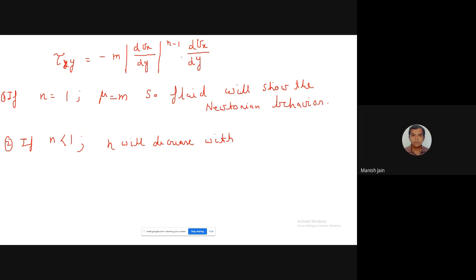If the power is negative, then eta will decrease with increasing dvx by dy, the shear rate. So you have the pseudoplastic fluid. So the fluid will show the pseudoplastic behavior.